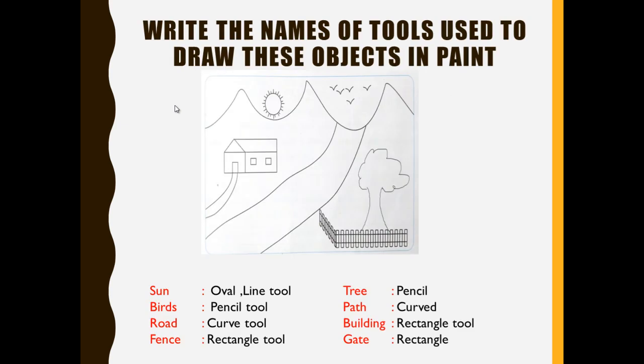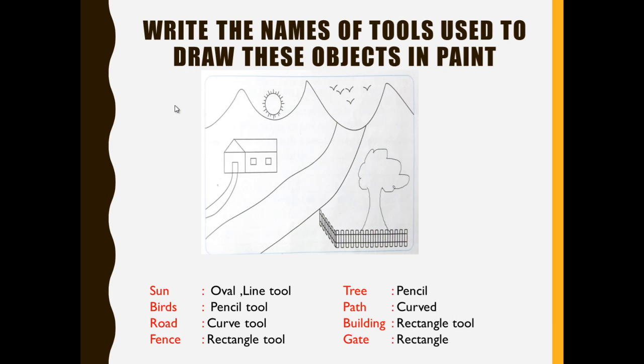Here, one picture is given. You have to see that picture and write the tools used to draw these objects in Paint. One is sun. Sun is made of which tools? It is made up of oval and line tool.